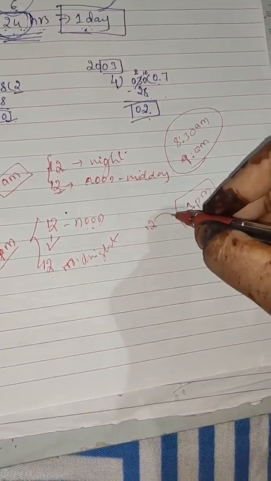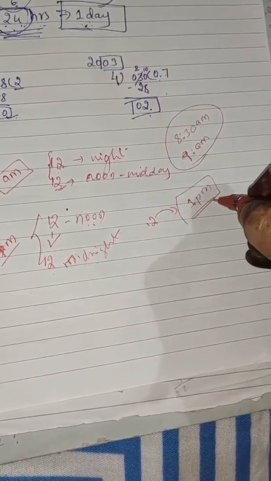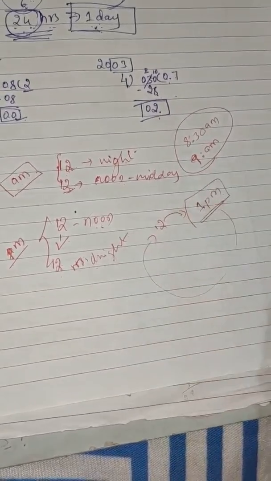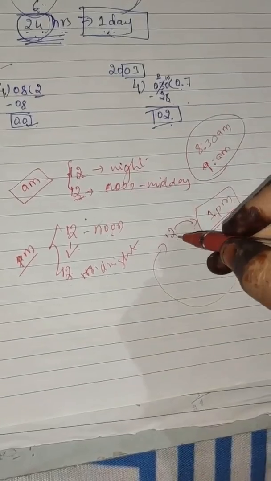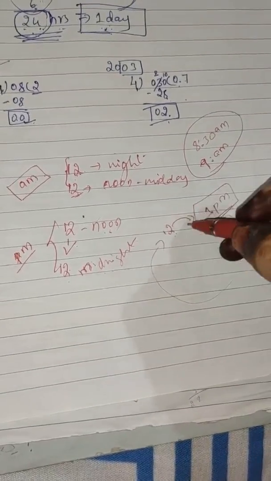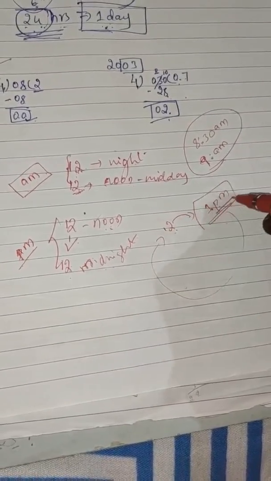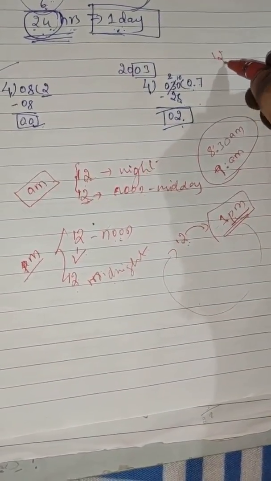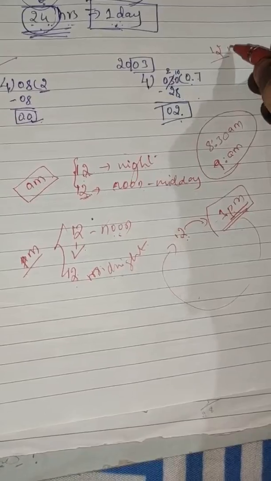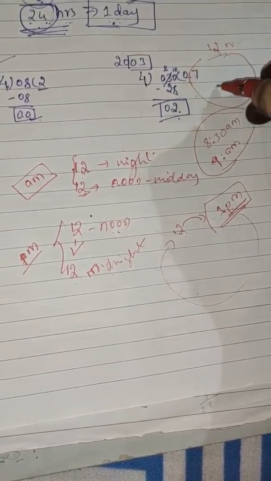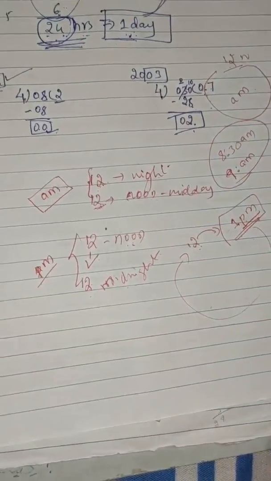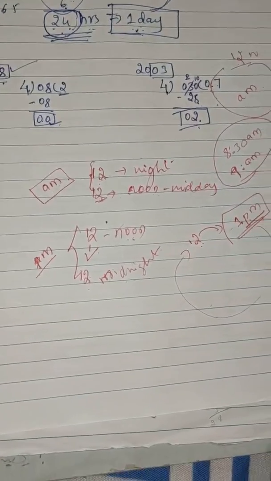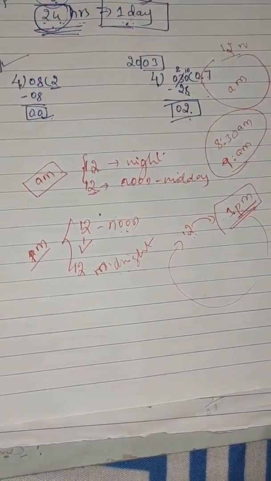After 12 o'clock, whatever the time you get will be considered PM till the next night. And the time from night to the next morning is AM. Okay. Understood, children, what is anti-meridian and post-meridian?